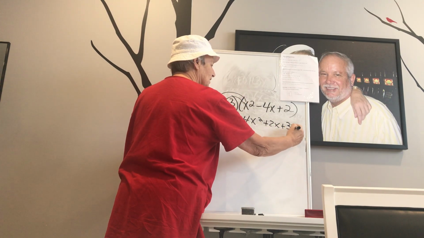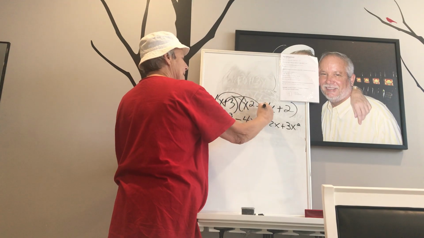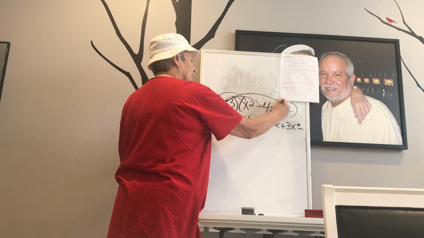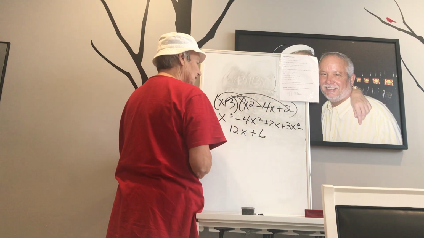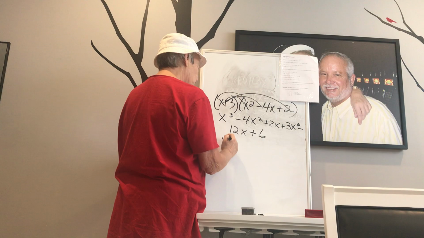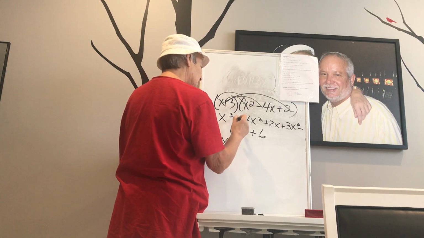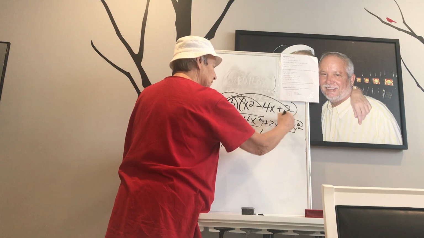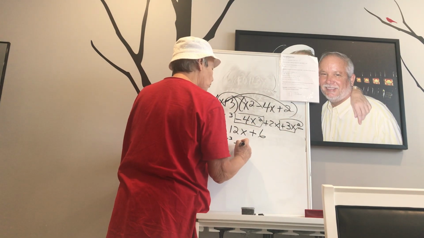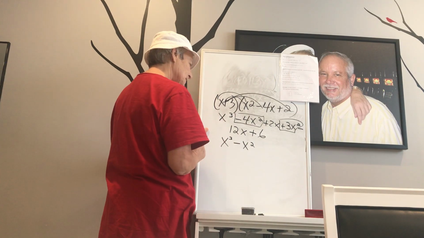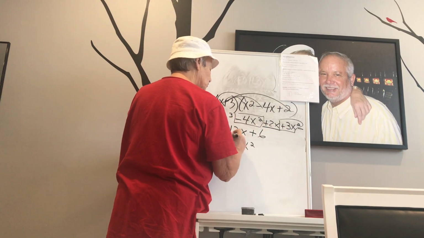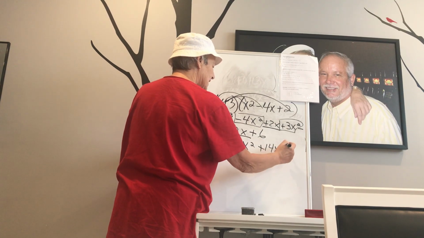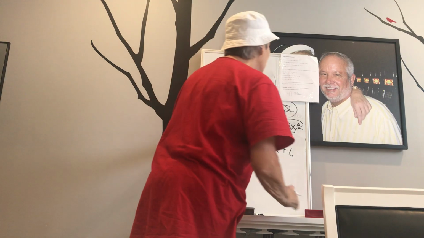Plus 3x squared, minus 12x, plus 6. Then look for like terms. We only have one x cubed. We have a negative 4x squared and a positive 3x squared. That's negative 1x squared. We have 2x and 12x, that's 14x, and a 6.